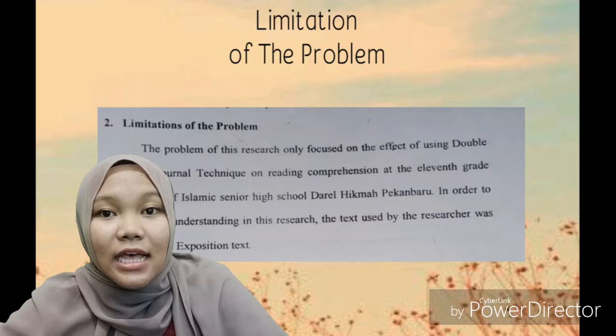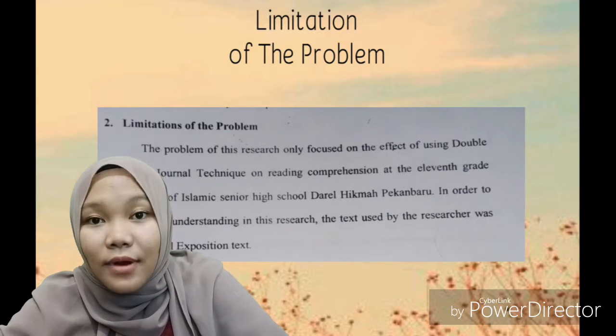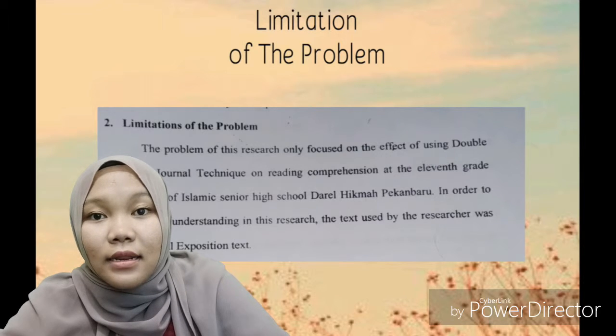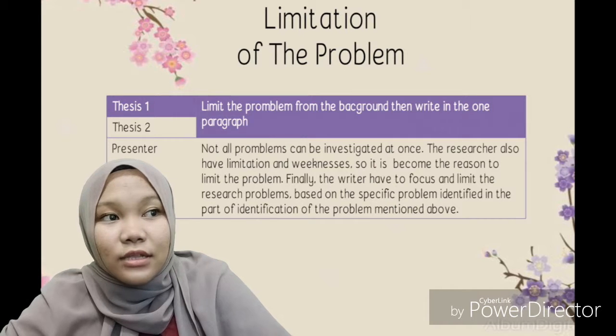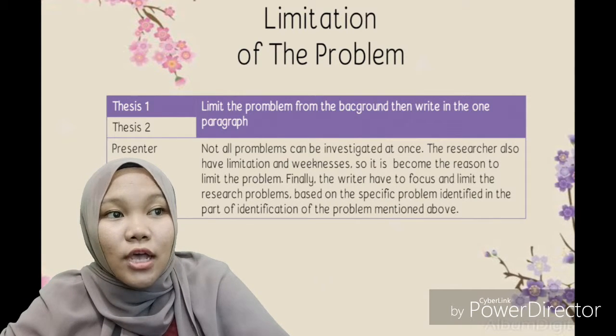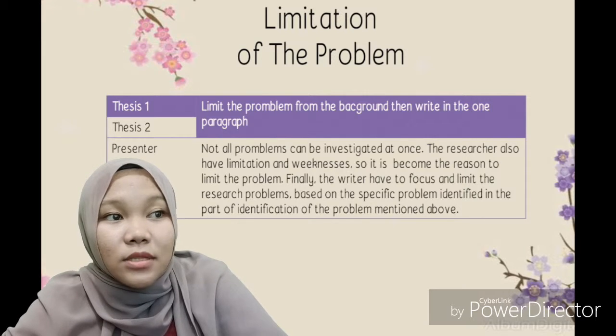And next, we will try to explain and analyze the limitation of the problem. We'll analyze from the thesis and the presenter. From the thesis, the researcher limited the problem from the background, then wrote it into a paragraph. And from the presenter, not all problems can be investigated at once. The researcher also has limitations and weaknesses, so that becomes the reason to limit the problem.